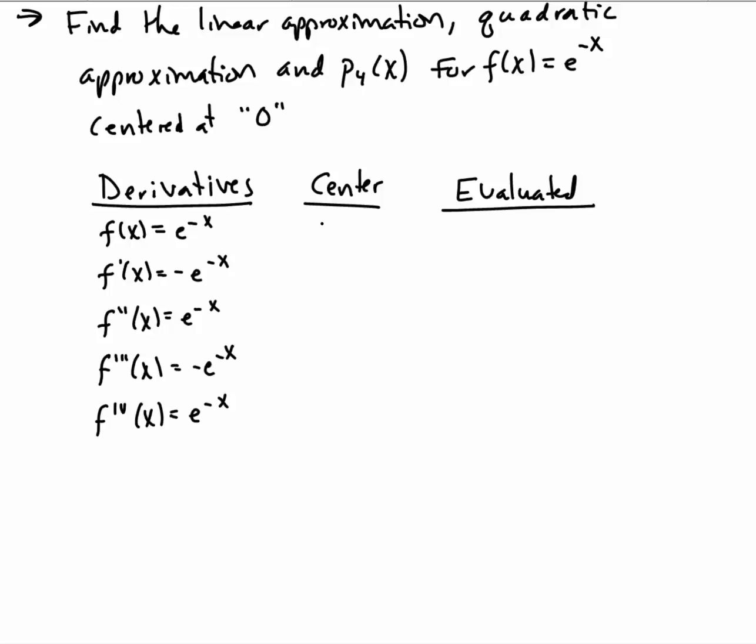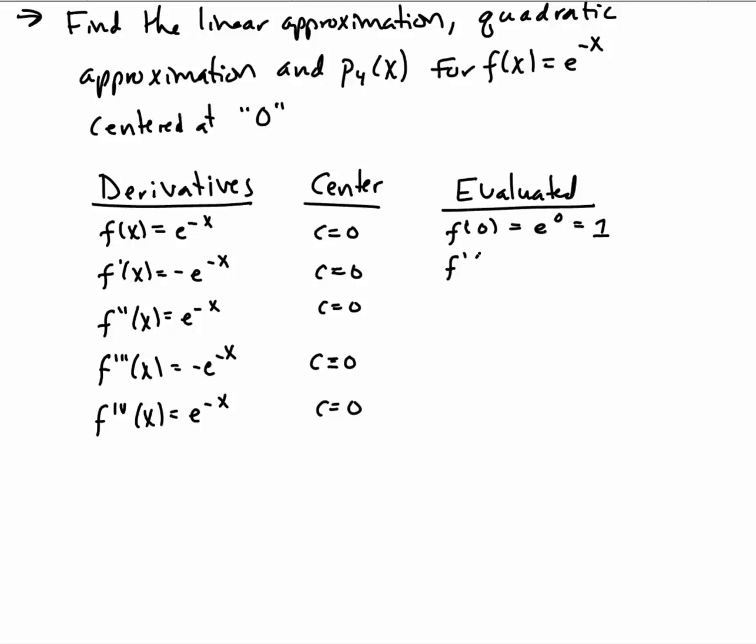Now the center for each one of these is the same. Again, I'm trying to come up with a polynomial that estimates the function e to the negative x near x equals 0. So basically I'm plugging in a 0 here. So f of 0 is e to the 0, which is 1.